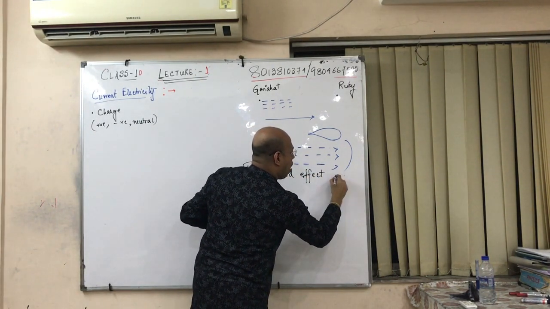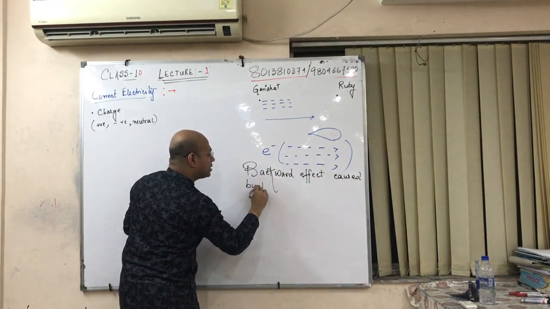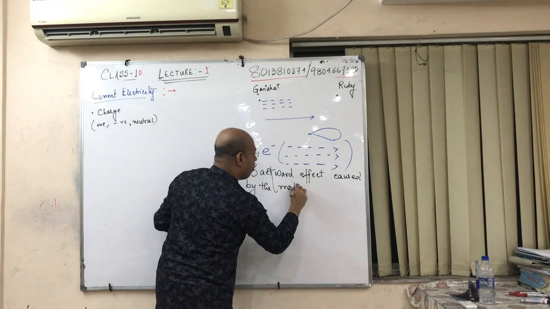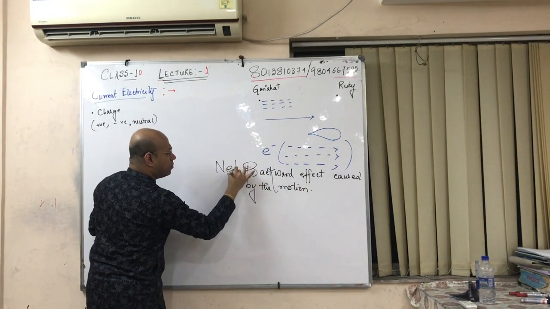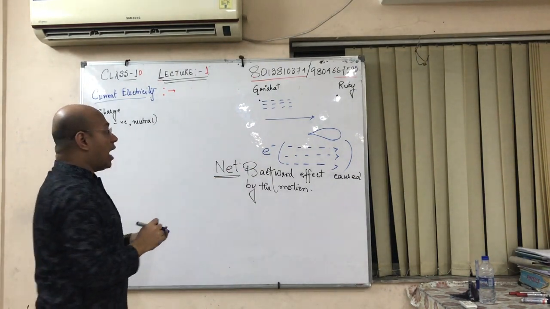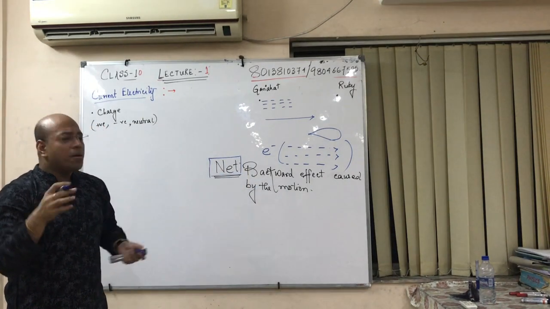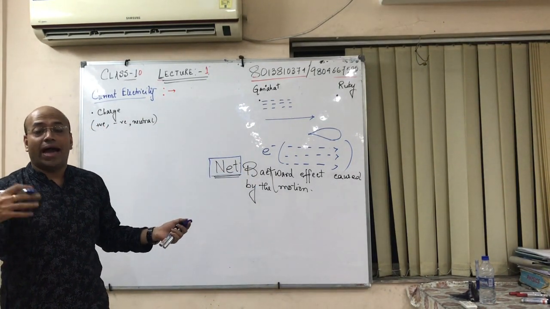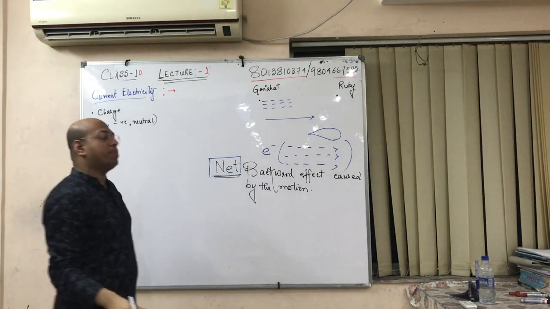I won't say caused by the motion. I will better use another term, net. Sir, this is class 10, so I won't use any further terms, because if I use another term, people will get confused. So I will say net backward effect, because I will let you explain what happens.